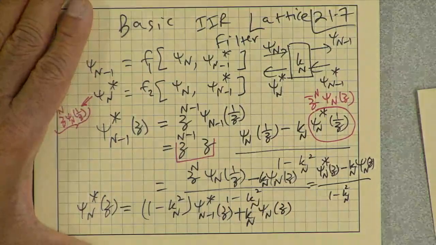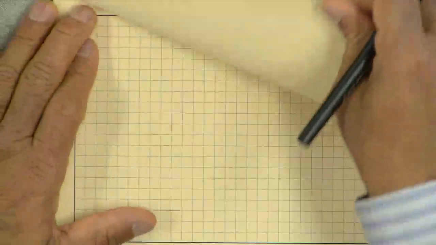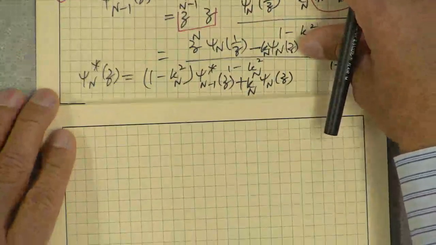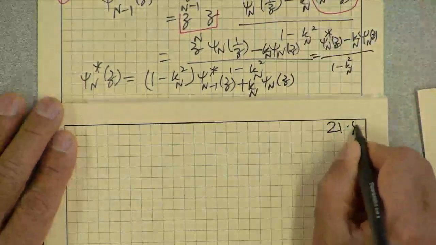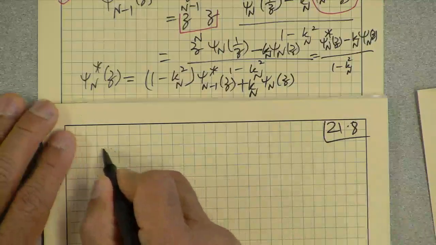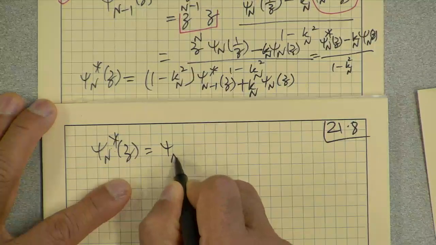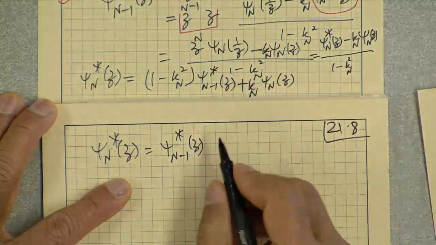Okay, so this then can be written as, there is a little bit of arithmetic, but at the end we will get the two equations we are looking for, and it takes a little time to get to those equations. So psi n star can be written as psi n minus 1 star z. So that's the first term.